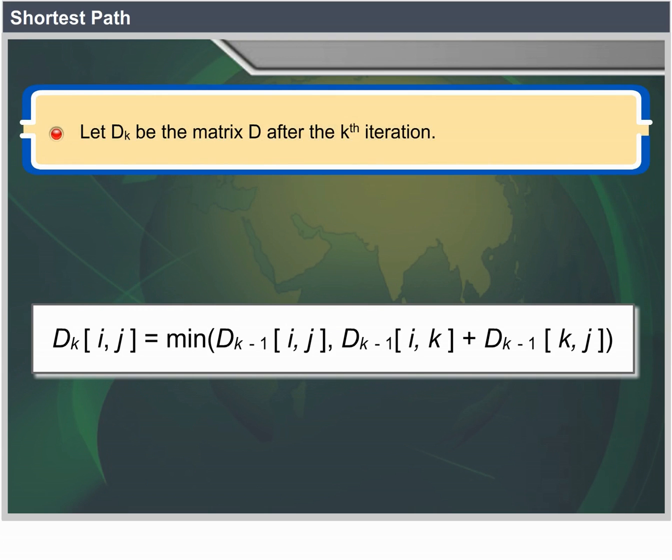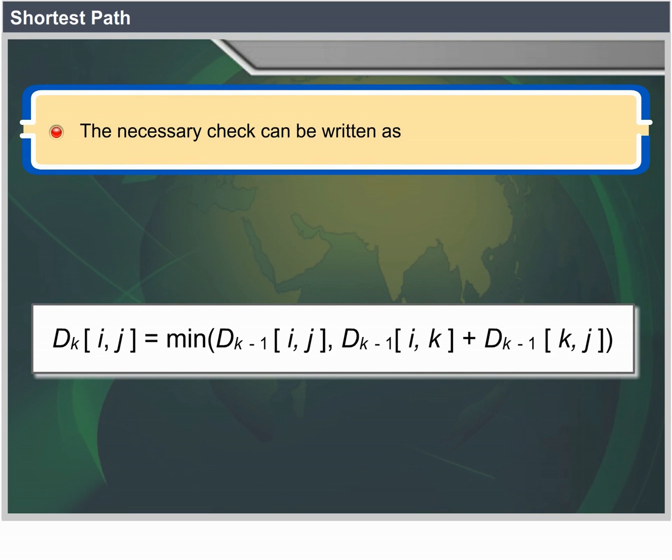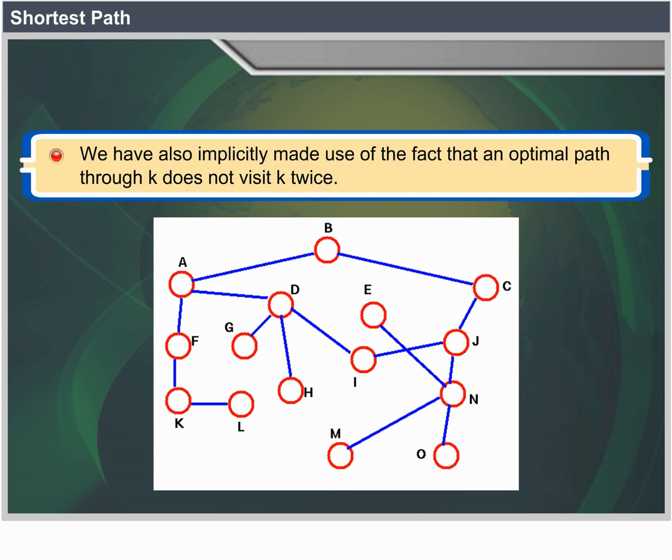The necessary check can be written as Dk[i,j] = min(Dk-1[i,j], Dk-1[i,k] + Dk-1[k,j]), where we make use of the principle of optimality to compute the length of the shortest path passing through k. We have also implicitly made use of the fact that an optimal path through k does not visit k twice.